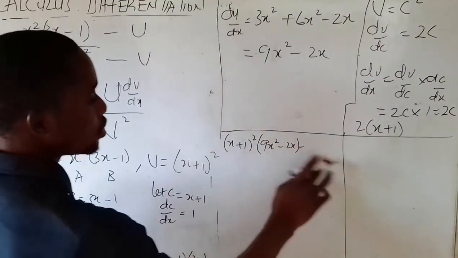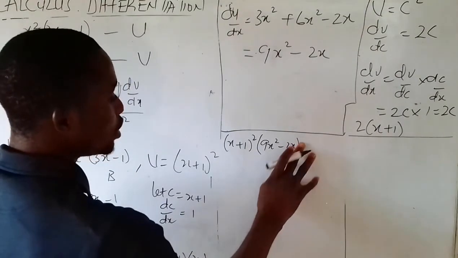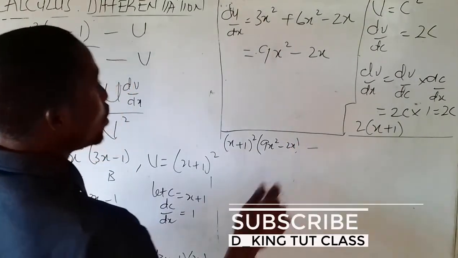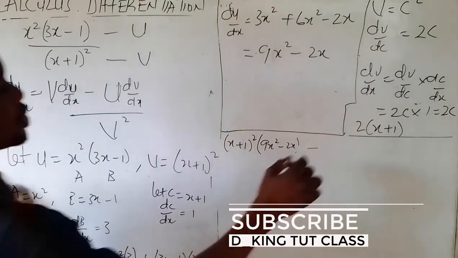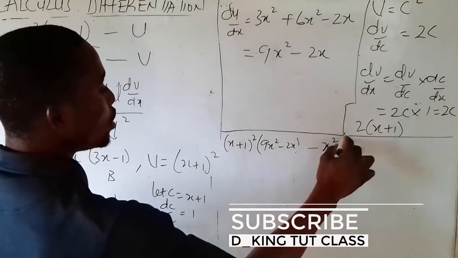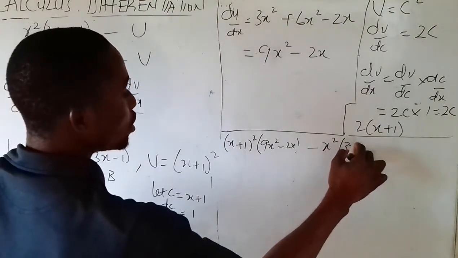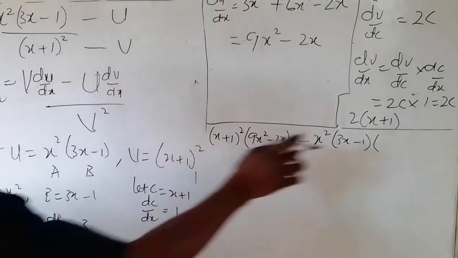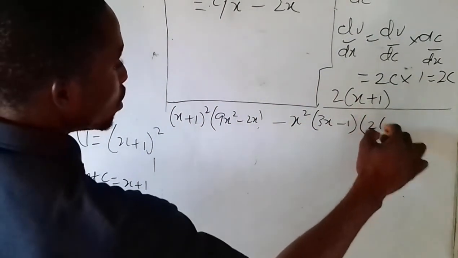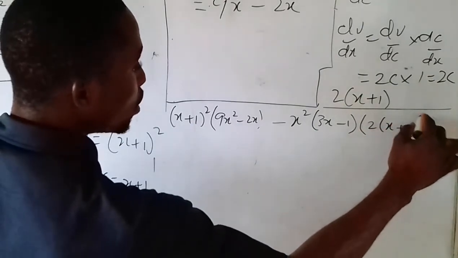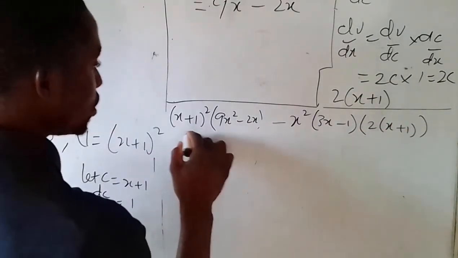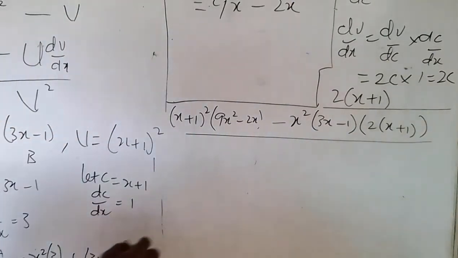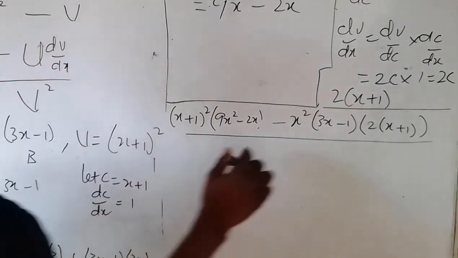Then minus u, where u is x squared into 3x minus 1, then times dv/dx, which is 2 into bracket x plus 1, then over v squared, where our v is x plus 1 squared.